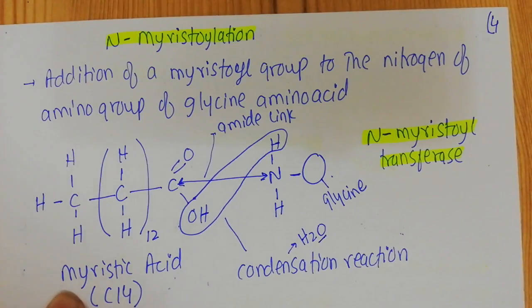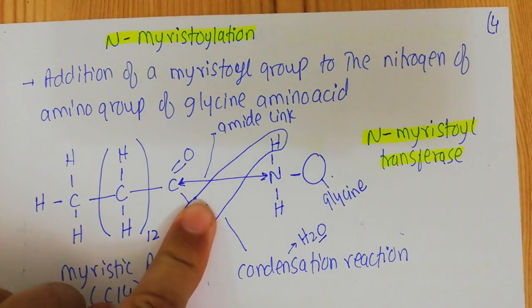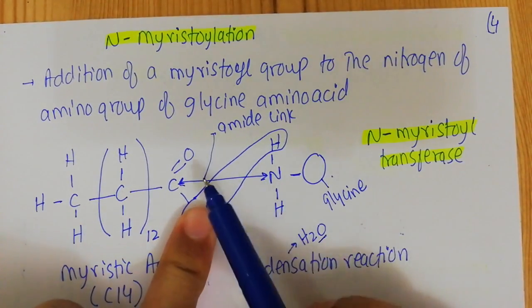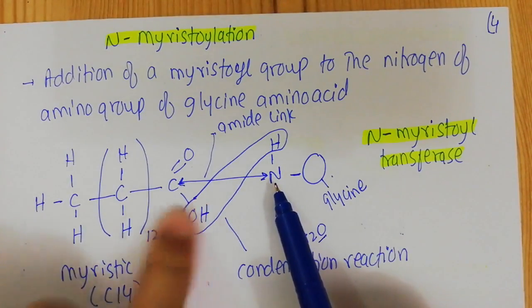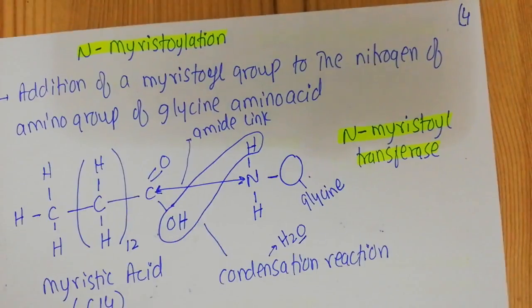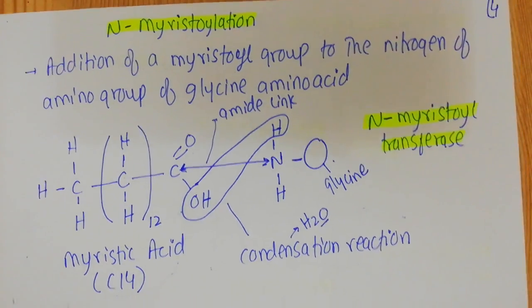The myristic acid without this hydroxyl group is known as the myristoyl group. And as you are adding this myristoyl group to the nitrogen over here, this phenomenon is known as N-myristoylation. This is specifically happening in the alpha subunits of the G-alpha-I/0 family.